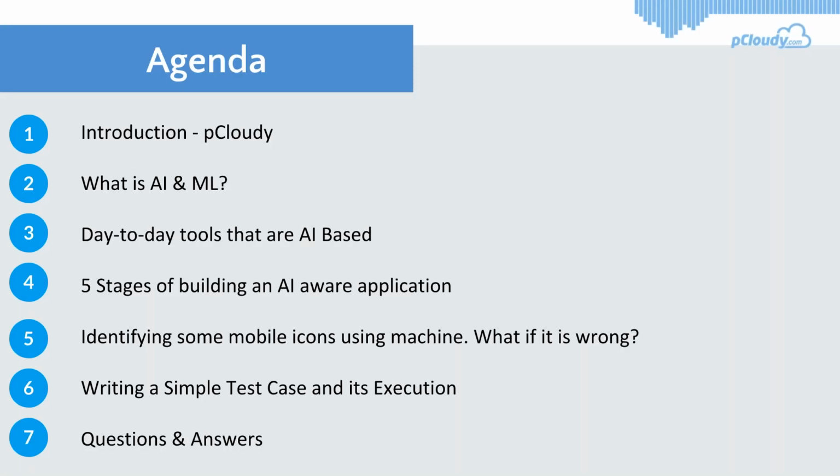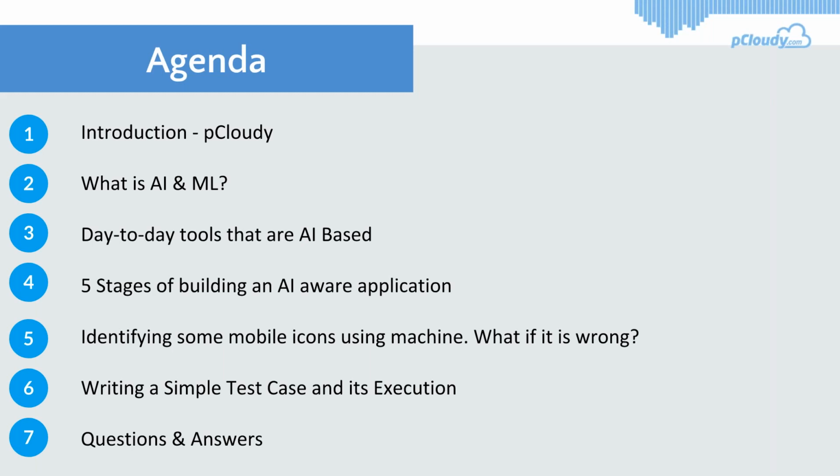So the first will be a brief introduction for pCloudy, and then we'll try to have a small differentiation between what is AI and what is ML. Then we'll see some day-to-day tools that are AI based. We use them daily, but without even recognizing that they are based upon artificial intelligence.